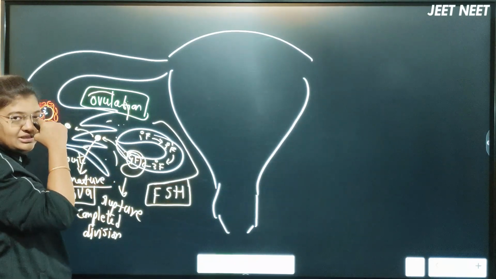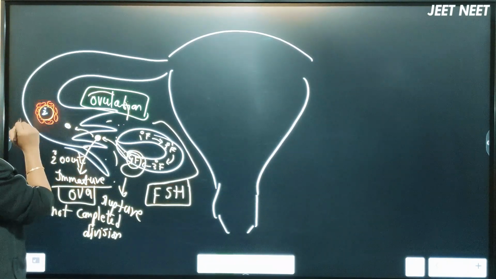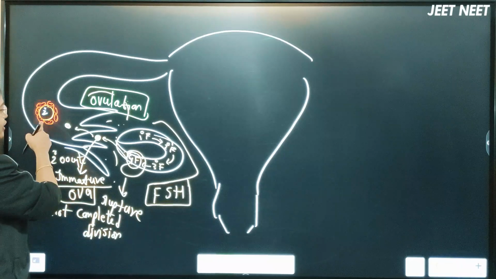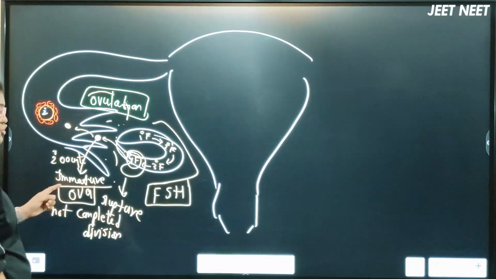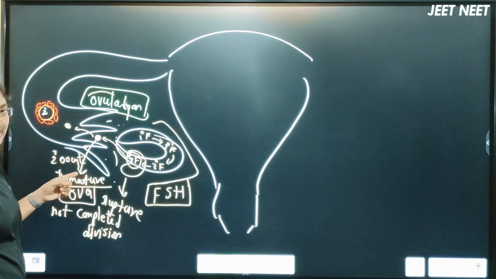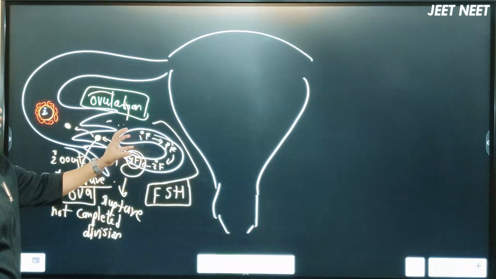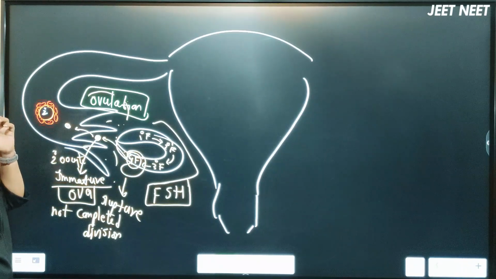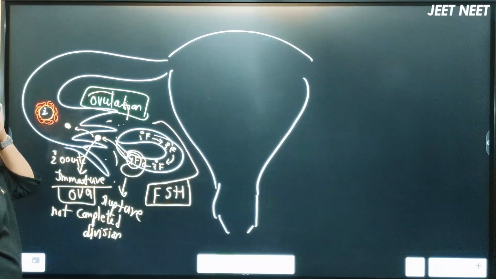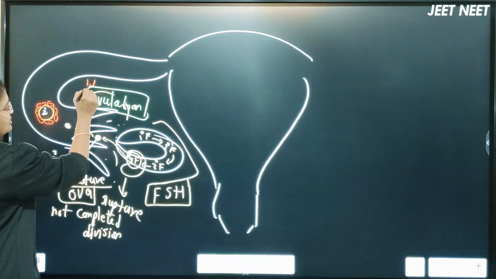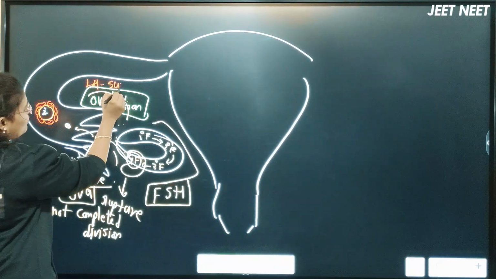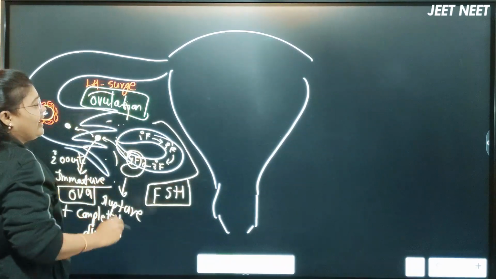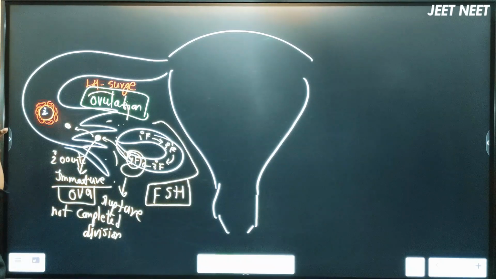These granulosa cells convert into corona radiata cells. Now this is what we call an immature ovum or immature secondary oocyte, which is released from the ovarian cortex into the fallopian tube by the process called ovulation. You know that for the process of ovulation we need the hormone called LH. An LH surge is going to happen here.